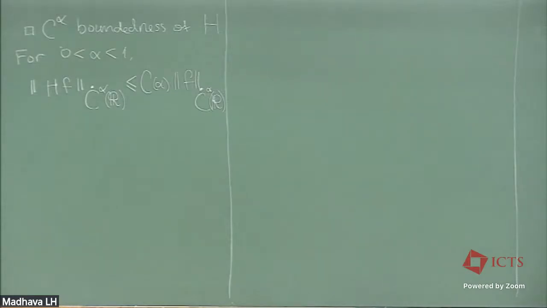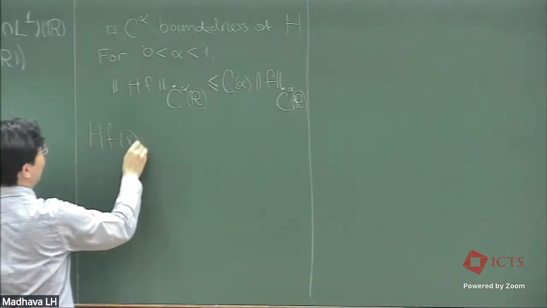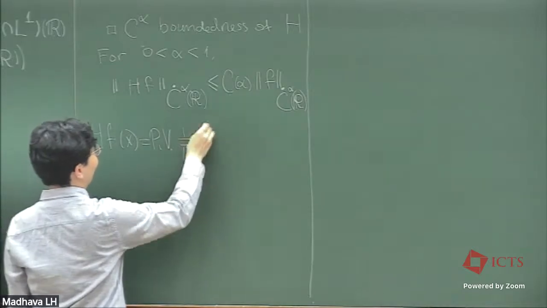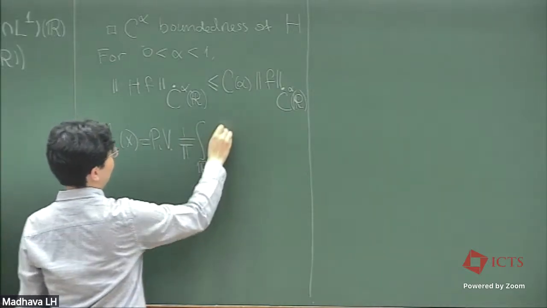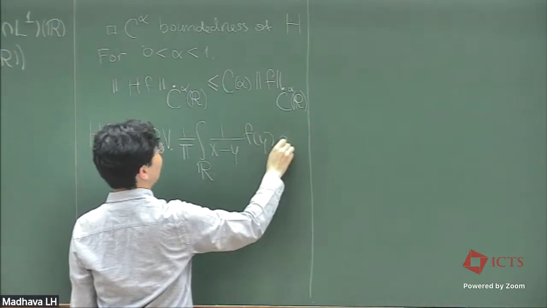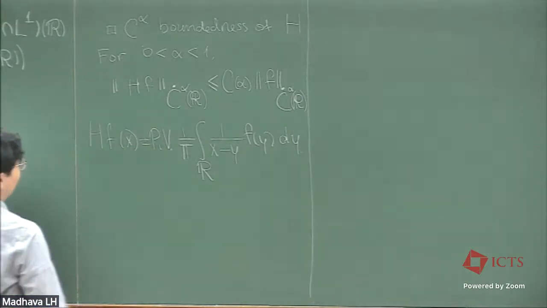So what is the Hilbert transform? Again, the Hilbert transform by definition at x is the so-called principal value integral of 1 over pi, 1 over x minus y, f(y) dy. And assume that F belongs to C alpha. So the goal is very simple.